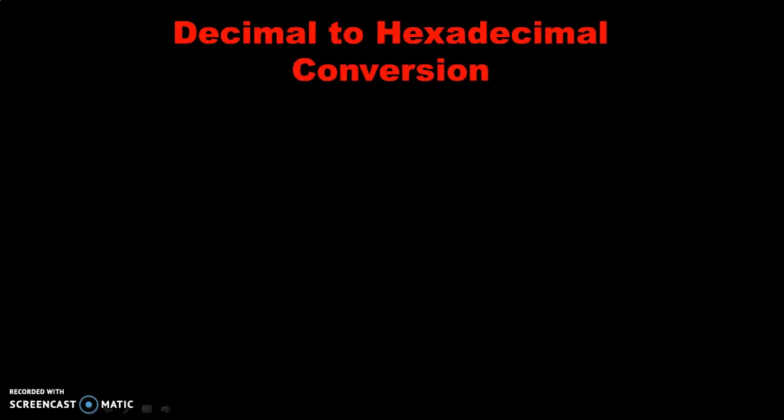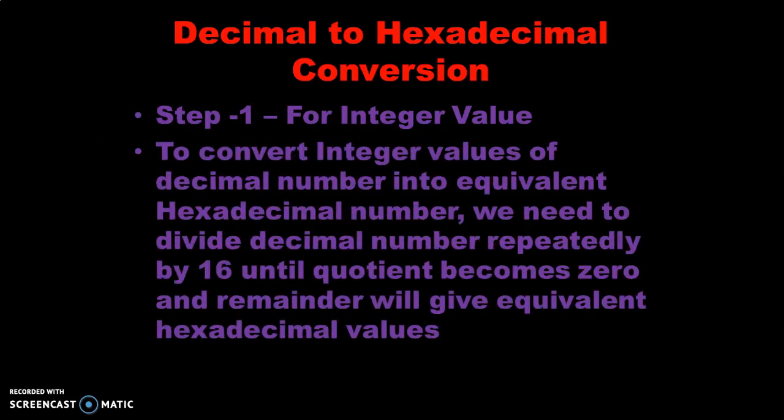Now let us study certain rules to convert a decimal number into a hexadecimal number. We have step 1, that is for the integer value. To convert the integer value of decimal into equivalent hexadecimal, we need to divide the decimal number repeatedly by 16 until the quotient becomes 0, and the remainders will give the equivalent hexadecimal number.